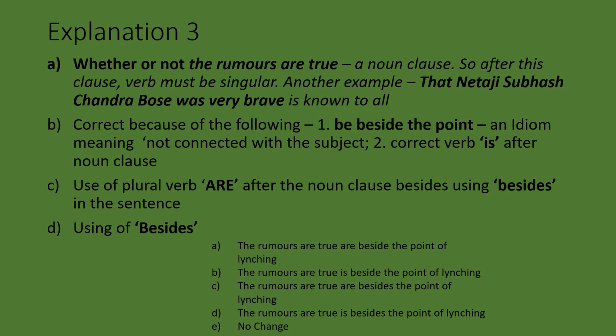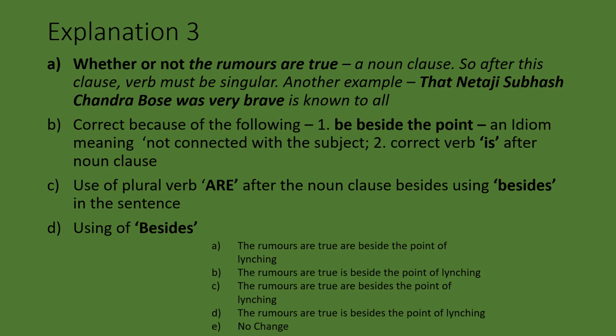I have given another example of that: "Netaji Subhash Chandra Bose was very brave is known to all." After the noun clause, generally you will have to put a singular verb. So this is rule number 1, the thumb rule 1.